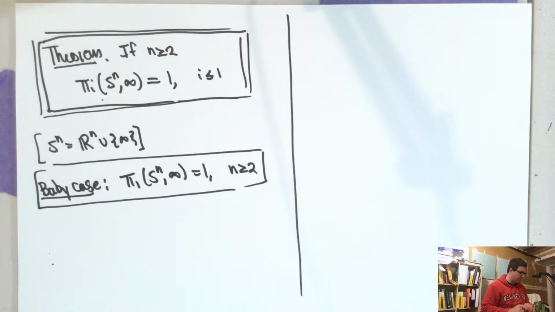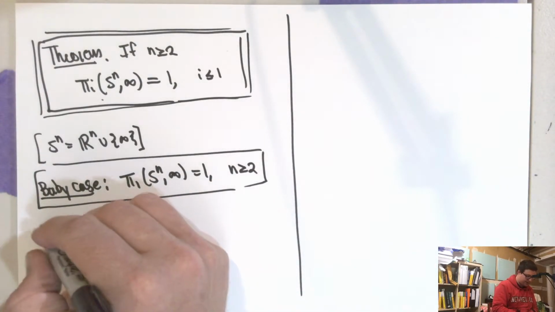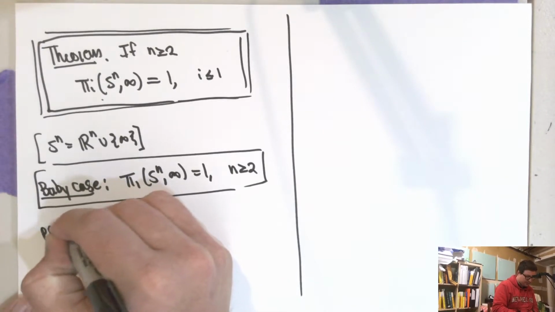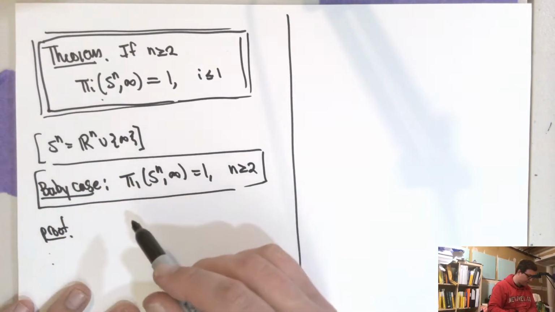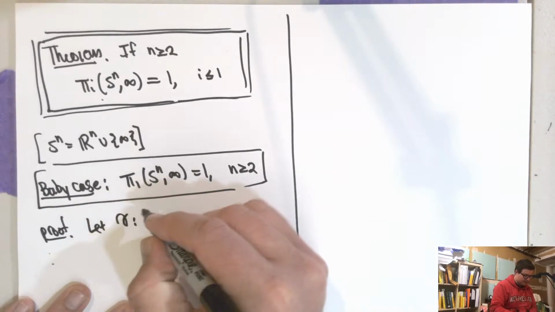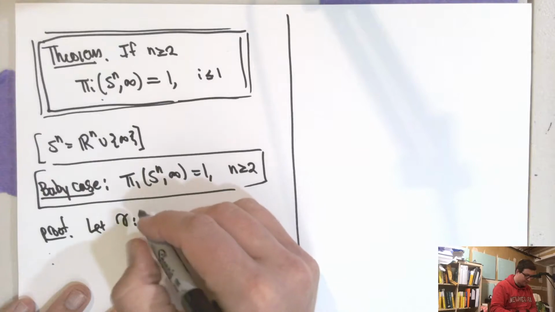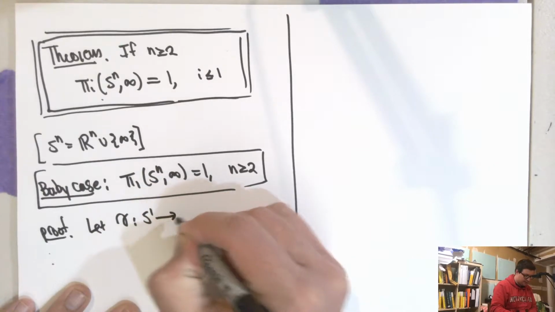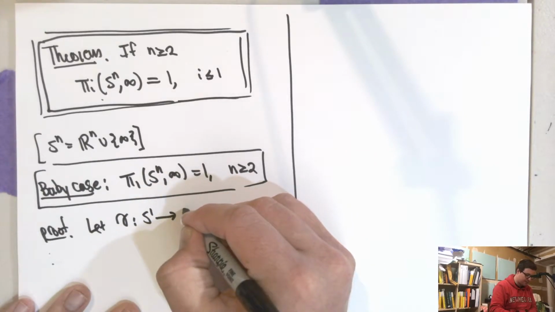The proof is we're going to show that every loop is contractible. So let gamma be a map from S^1 to S^n, and let's say it's a pointed map.